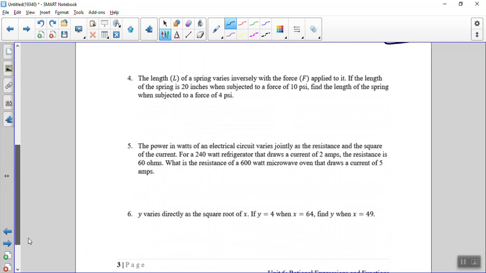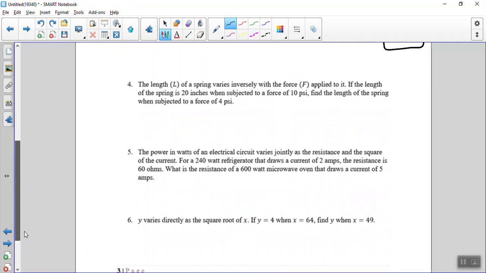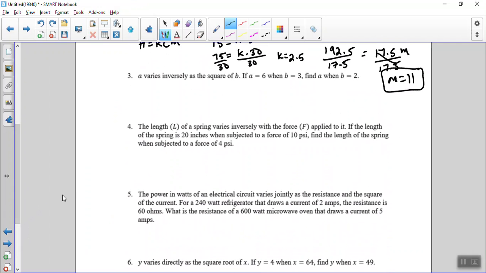Okay, let's see. Maybe I'll do a more difficult one. Let me do 4. It says the length of a spring varies inversely, so L is equal to K inversely, so divided by the force.